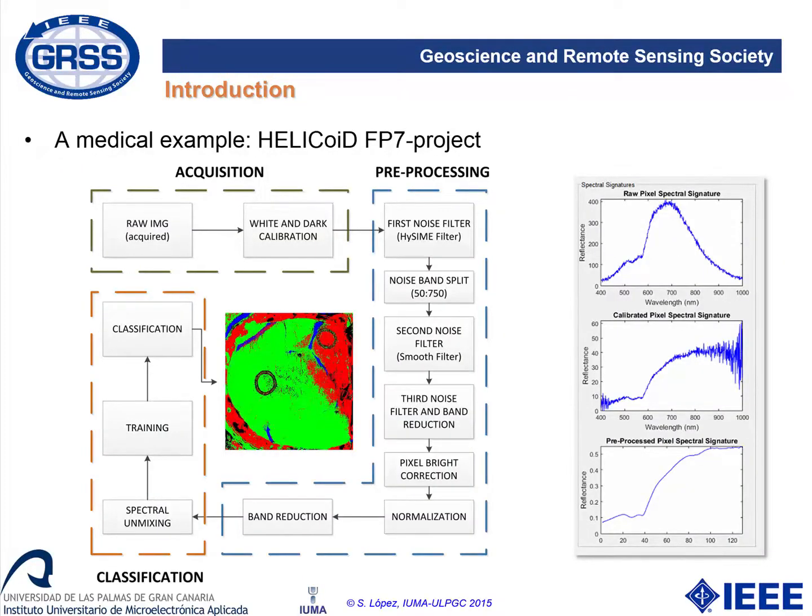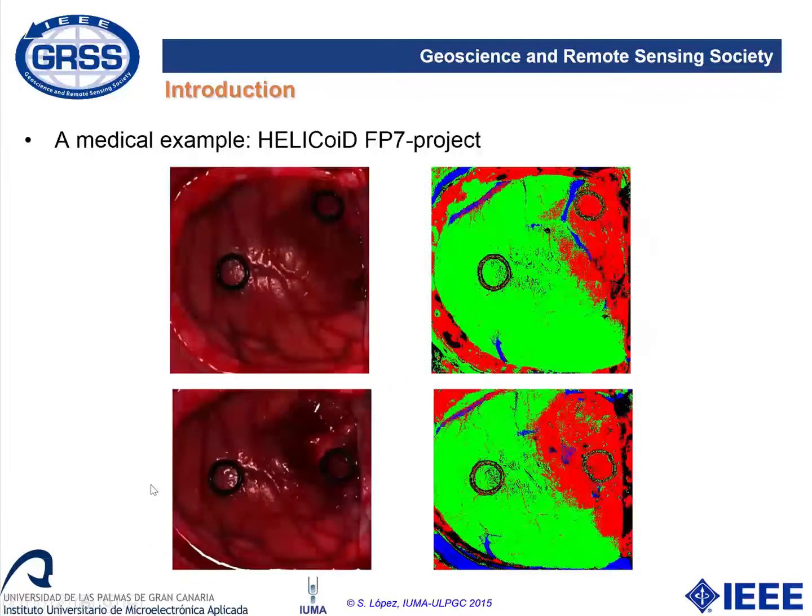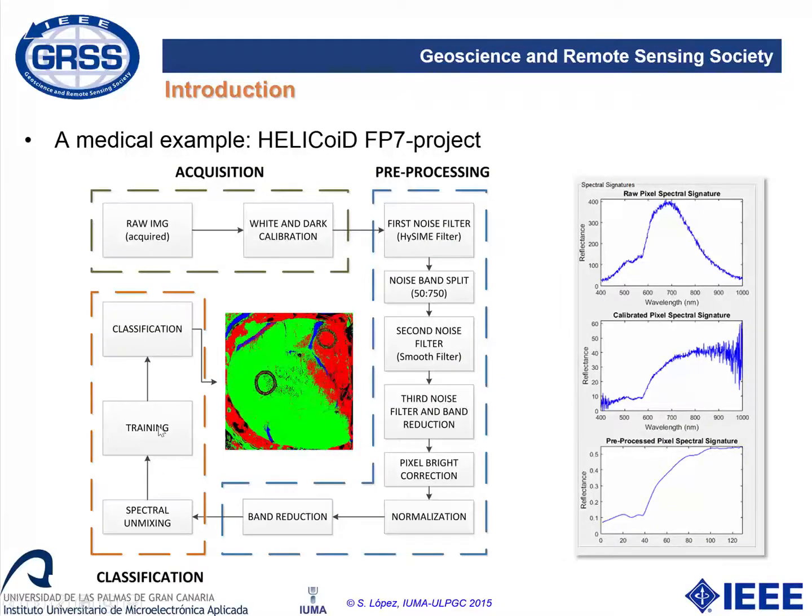Well, here you can see all the algorithms that we are considering within this project. We have the acquisition algorithms, then some pre-processing algorithms, and then the classification step, which is based on spectral unmixing, in fact.